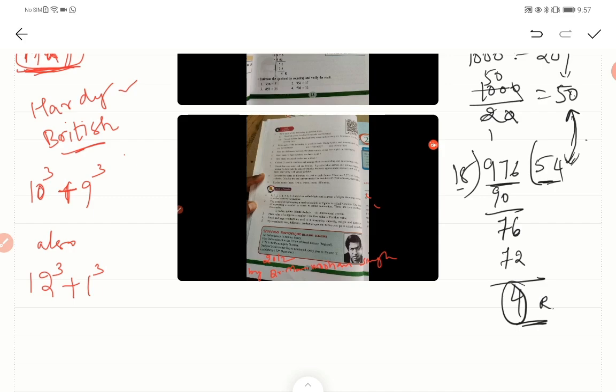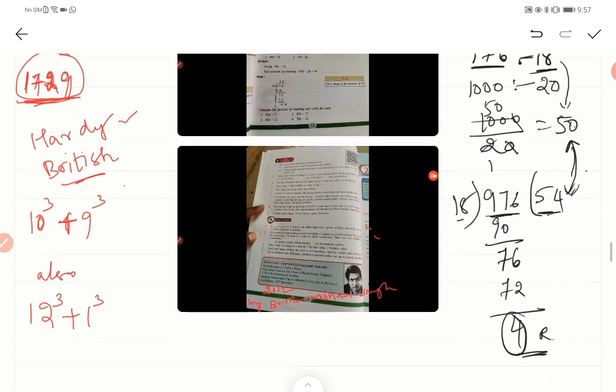The cube of 10 and the cube of 9, summing these two, you'll get 1729. See how sharp he was. He just had a discussion with Hardy when he came to meet him in the hospital. So he immediately told us by just listening to this number that it's a special number, because the sum of the cubes of two numbers will give you this much.